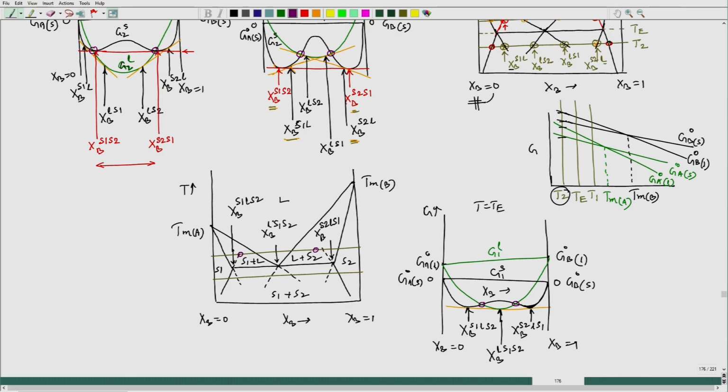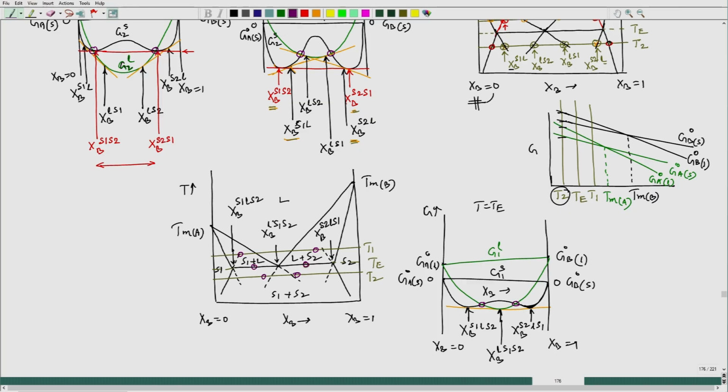Similarly, it is appearing at this location and at this location, and in case of T e, this is T 1, this is T 2, and at T e it is lying here at this location and this is at this location.